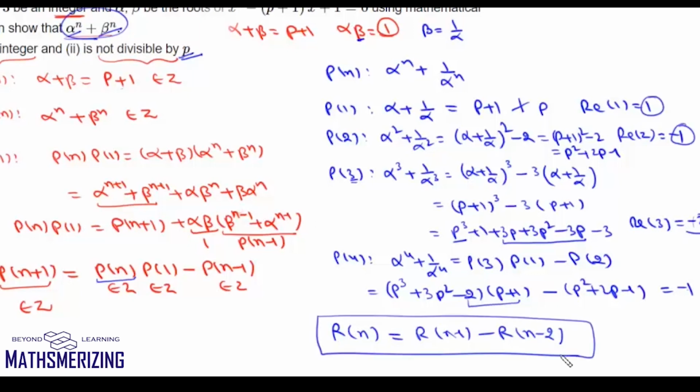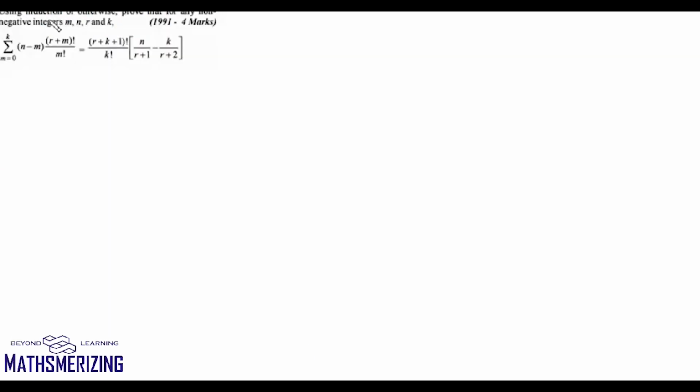We can show that these remainders will be 1, minus 1, minus 2, so it can never be 0. So we can simply say this expression alpha to the power n plus beta to the power n is not divisible by p.